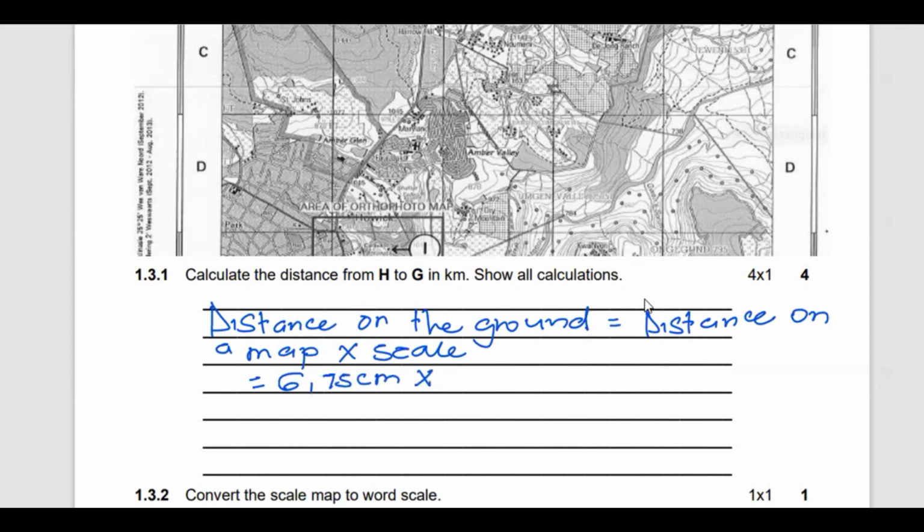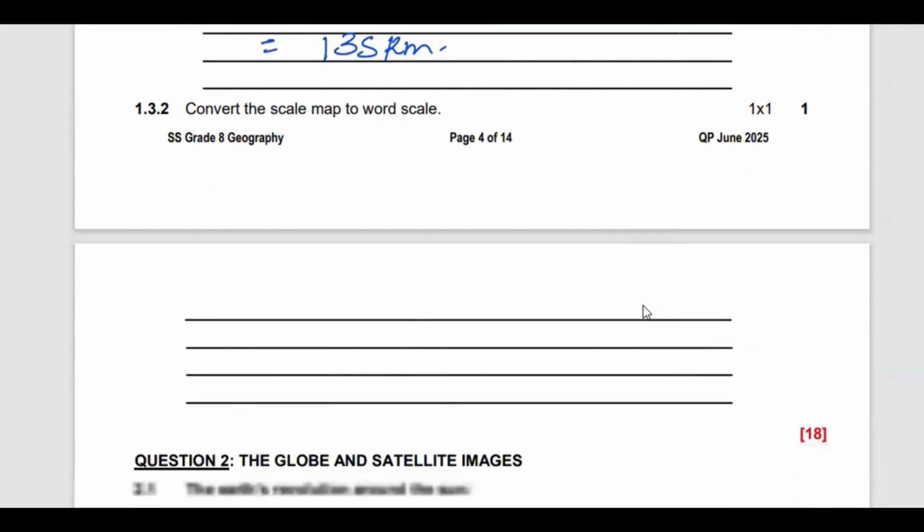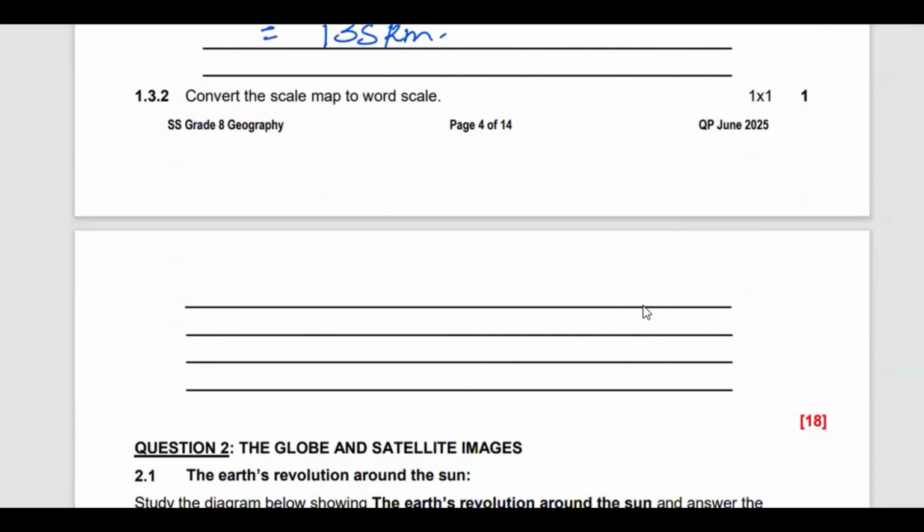On a topographic map, if you're measuring in meters, the scale will be 500. If you're measuring in centimeters, the scale will be 0,5. Since it's in kilometers, we just times by 0,5 because it is the ratio scale. Then our answer using a calculator will be 135 kilometers.